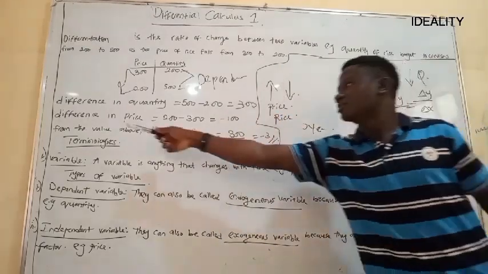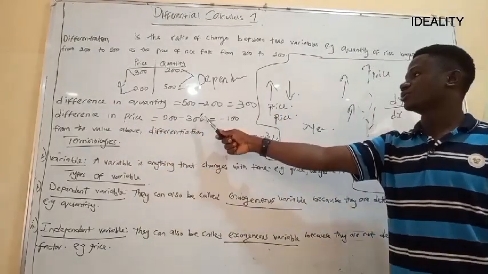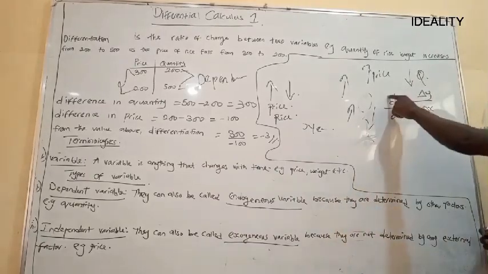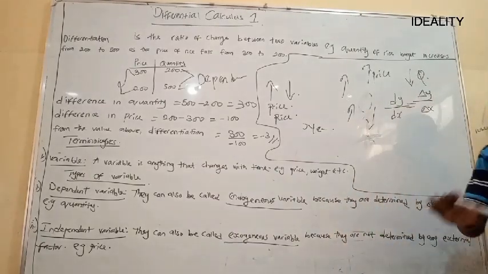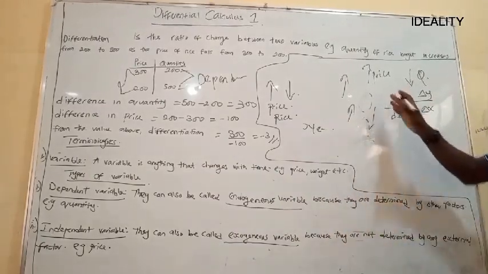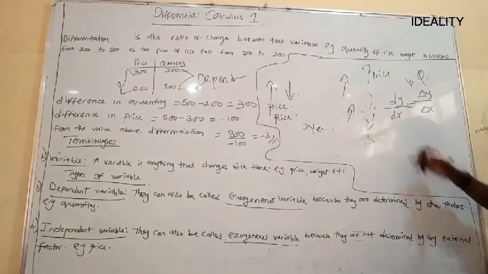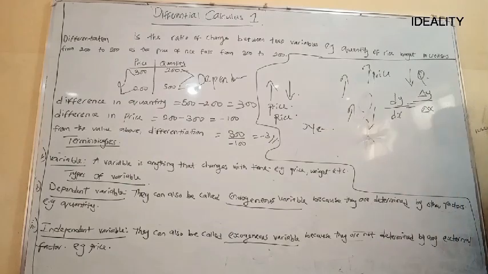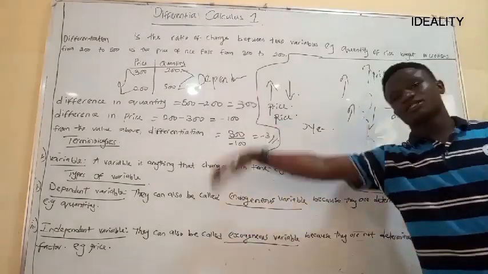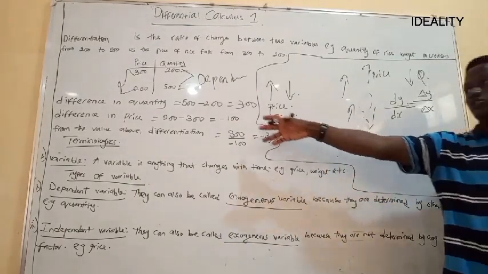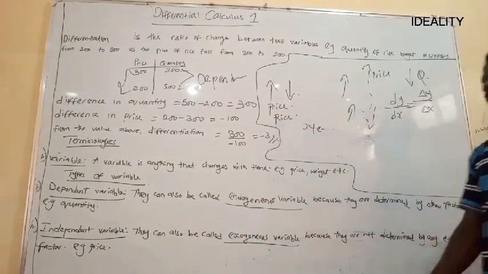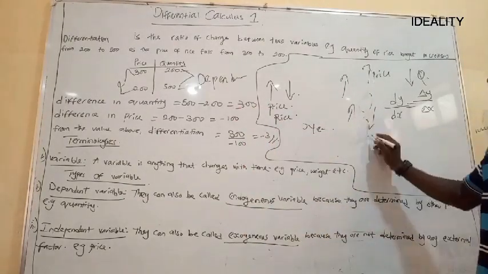Then change in x is the change in price, 200 minus 300. So whenever you see the dy/dx, don't be confused, it's still differentiation, just in short form. But this is just a practical illustration. You can't even see a question like this in your examination hall.